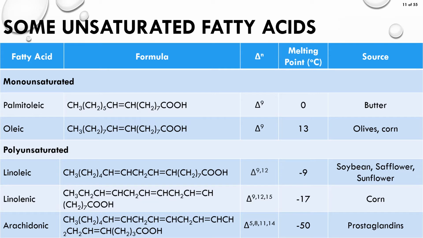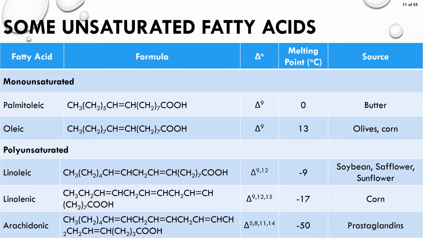And we know that the trend is, as the molar mass of the saturated fatty acid increases, the melting point increases as well. Now, let us compare the melting points of the saturated and unsaturated fatty acids. Note that as a group, the unsaturated fatty acids have lower melting points than the saturated fatty acids.